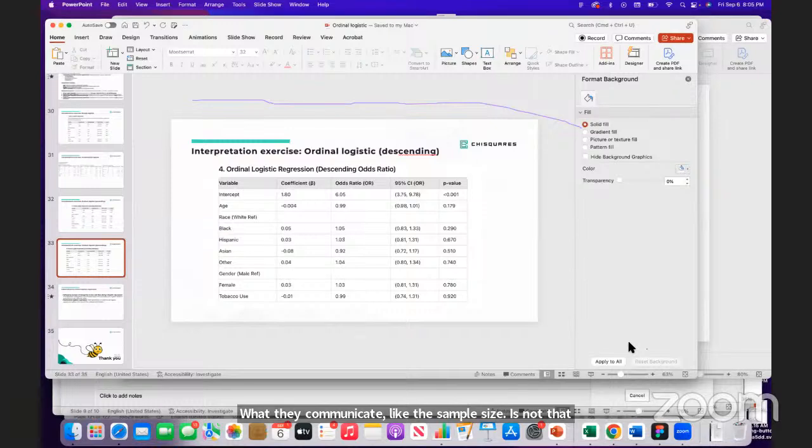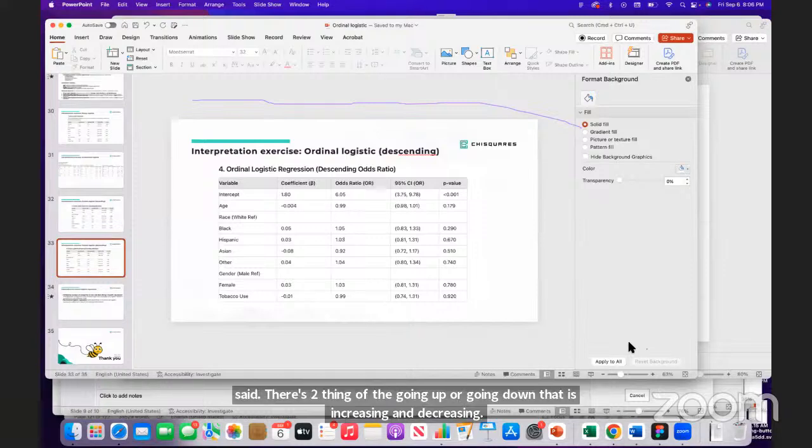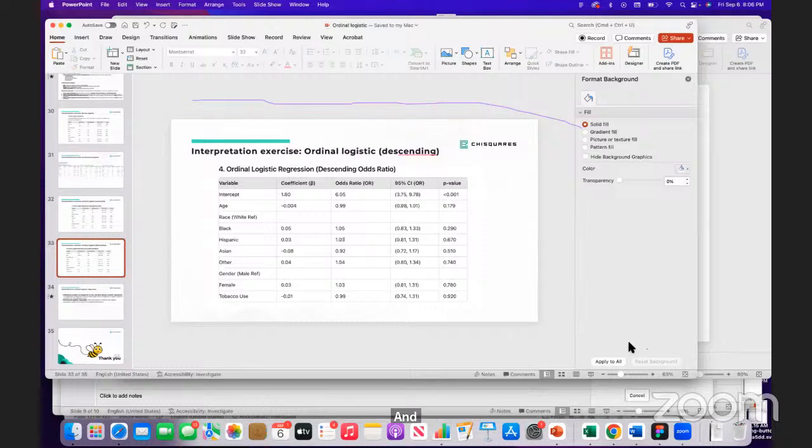The last question is on the ordinal logistic. When we are doing this testing, like a translation, you said there are two things, going up or going down, that is increasing and decreasing. And when we're translating the last example you have given us, of black men versus white, we were trying both ways, going up the ladder, which is increasing, and going down the ladder, which is decreasing.